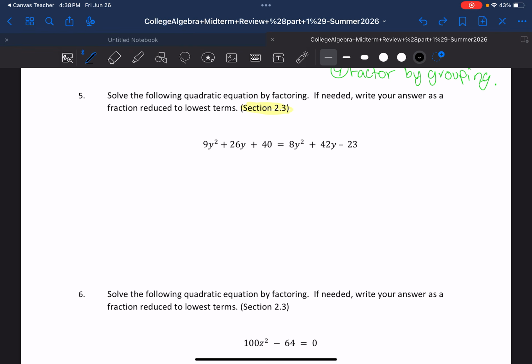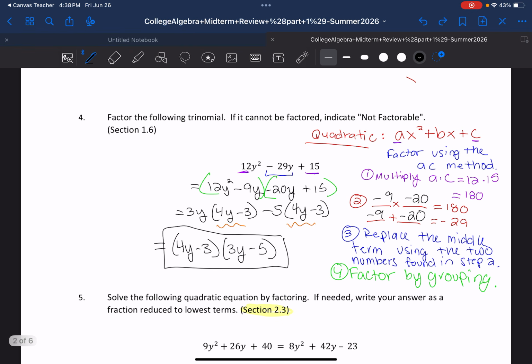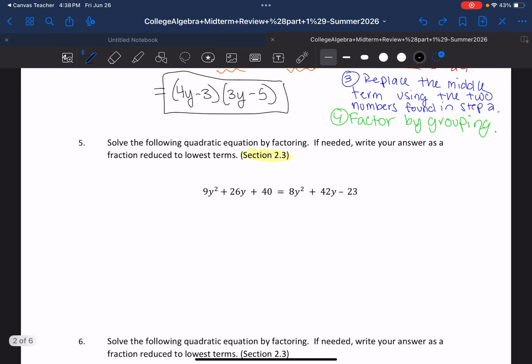So again, quadratic, I showed you the general form of a quadratic expression, ax squared plus bx plus c up there. A quadratic equation has the form ax squared plus bx plus c equals 0. Of course, it doesn't have to look exactly like this at first, like this one is not equal to 0, but I can get it equal to 0 by subtracting things from one side.